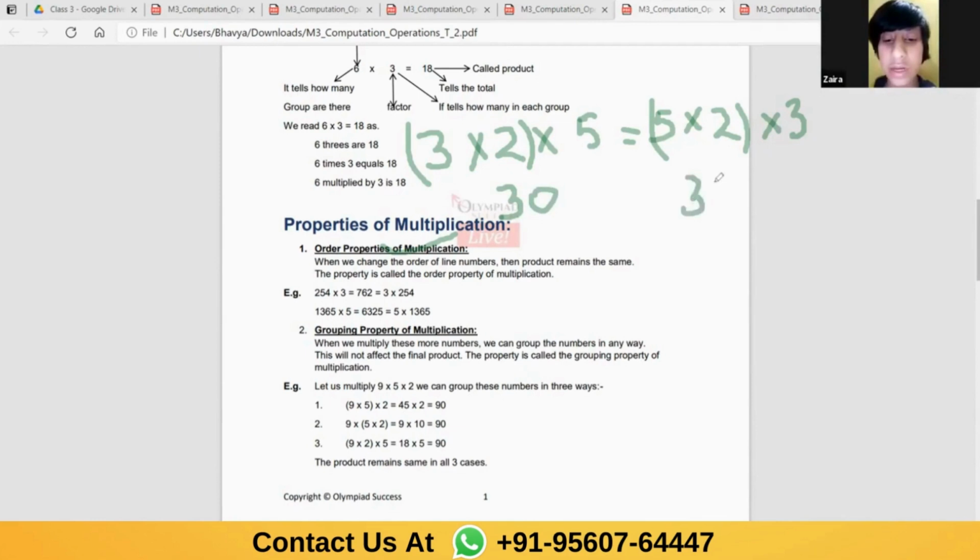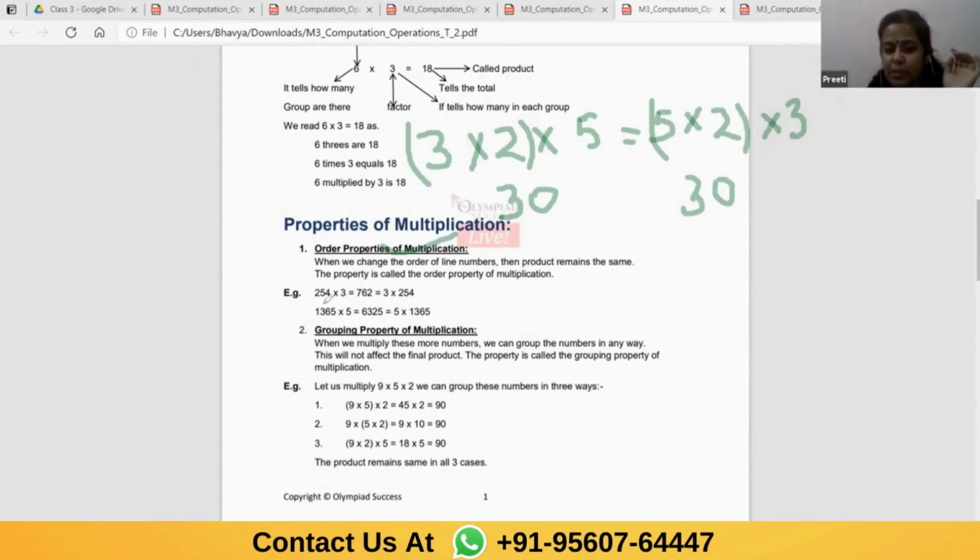So even if I group the numbers differently, if I'm using the same numbers on both sides, putting 2 numbers in one bracket and keeping the third one out, and on the other side putting 2 different numbers in a bracket, this is called grouping. The answer remains the same.